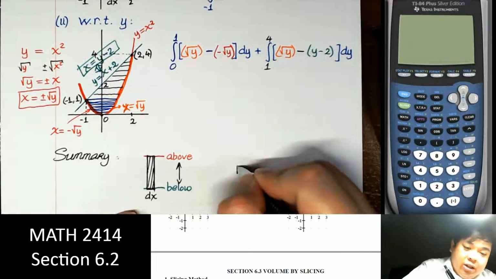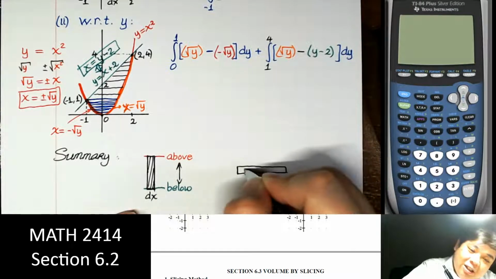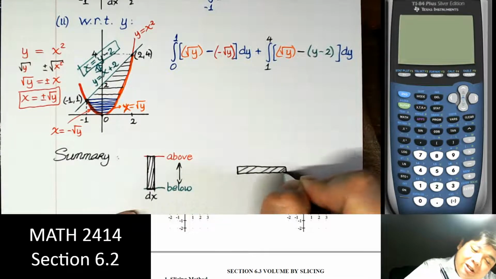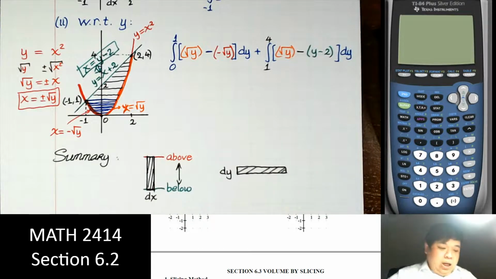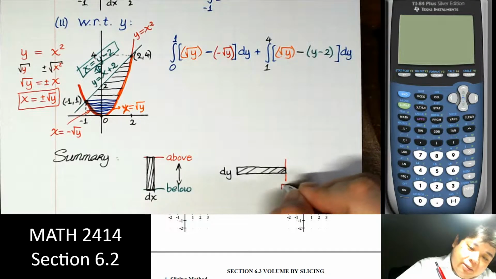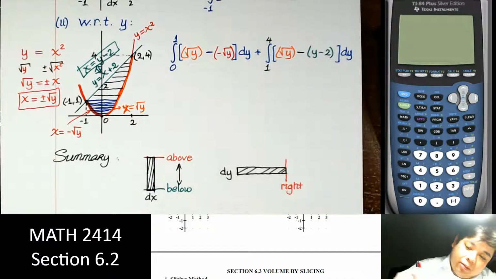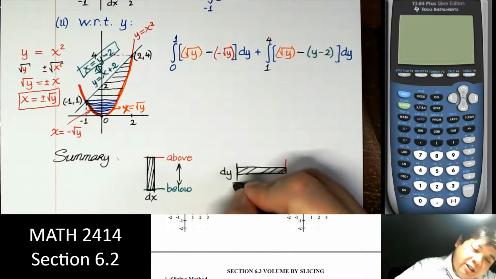Now if we draw the horizontal rectangles, that will be dy, right? dy is vertical. We're going to need the function on the right minus the function on the left.